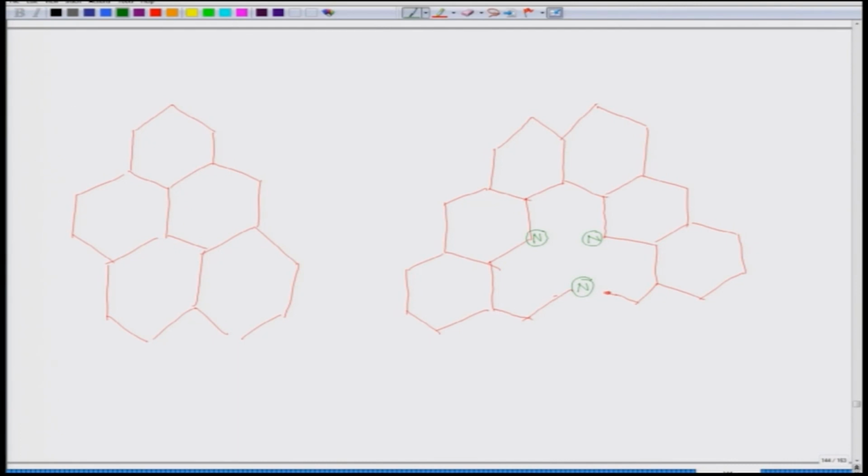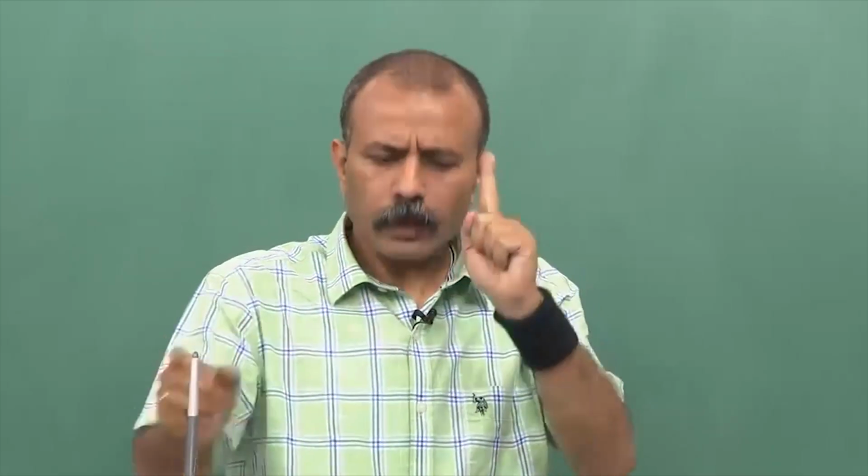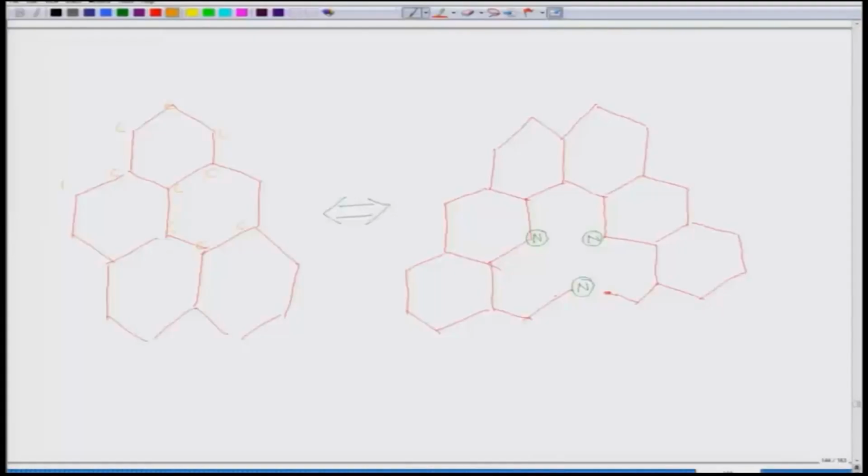If you compare these two structures, here you had nothing but carbon, carbon, carbon, carbon. Likewise, here you see as if that matrix is now being doped with nitrogen. From where is the nitrogen coming? So, think of the structure of a protein. We will come back to this structure again in a second. Think of the structure of the protein.